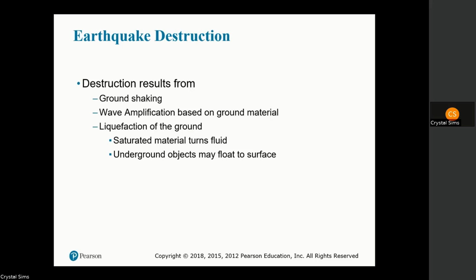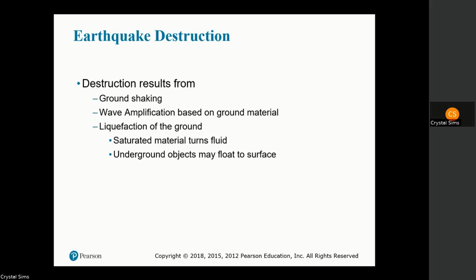It disrupts those water molecules that are in there, and this liquefaction can mean that an area where buildings once were that seemed stable is no longer capable of supporting those buildings. Underground storage tanks or sewage tanks can float to the surface.